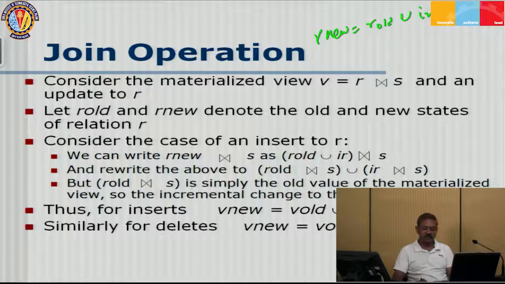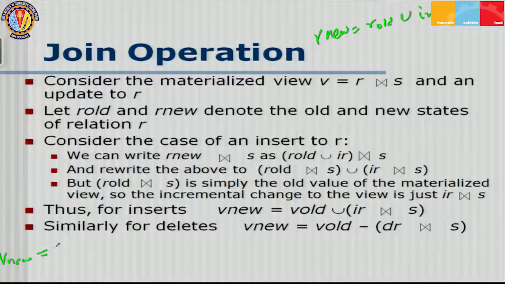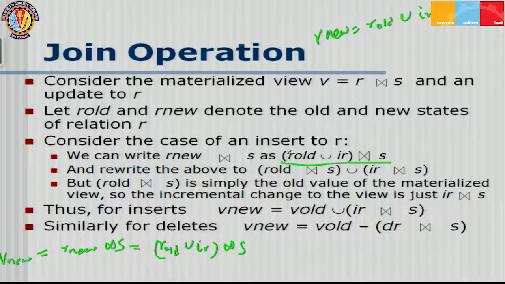So consider the case of an insert to R. V new is nothing but R new join S. Now R new, as you know, is R old union IR, joined with S. Now I can use the distributivity of union over join, and rewrite this as (R old join S) union (IR join S).